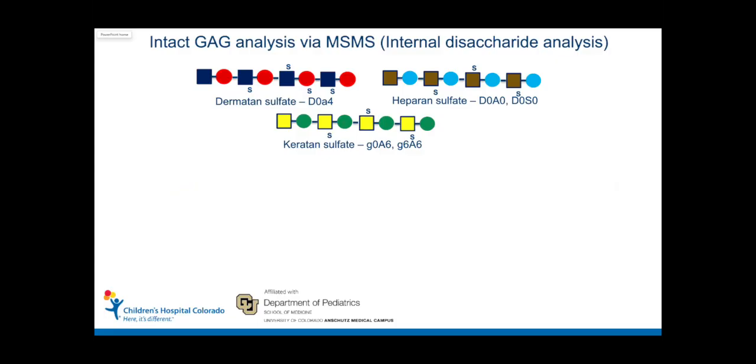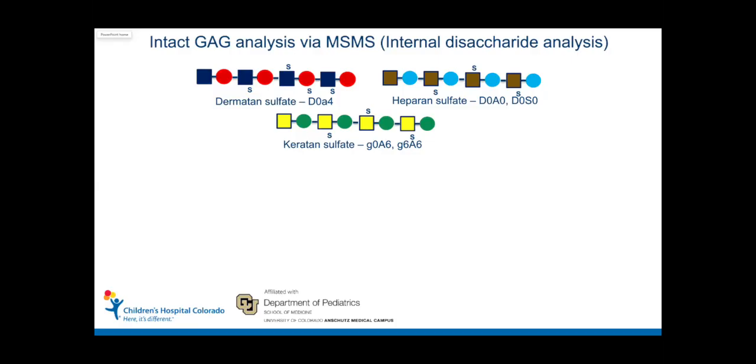These are some of the names that you're going to see as you read the literature on MPS. And so I want you at this point to start associating those molecules with the parent molecule that we're used to talking about. So I've tried to represent the disaccharide as a repeating unit of a square and a circle.